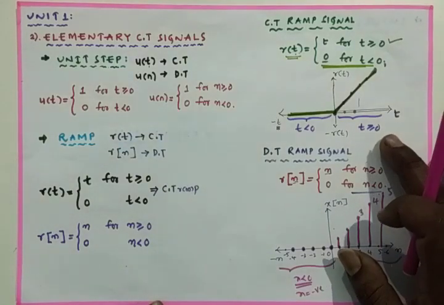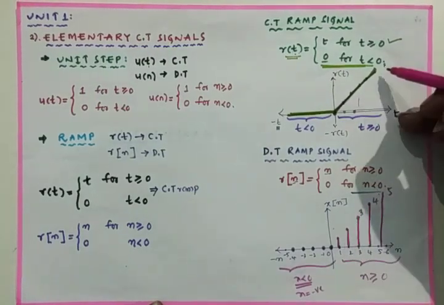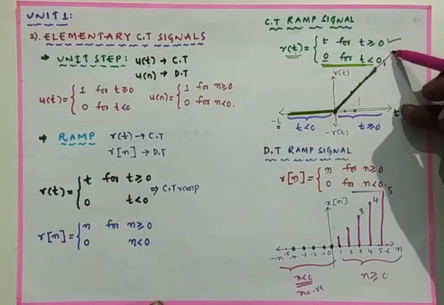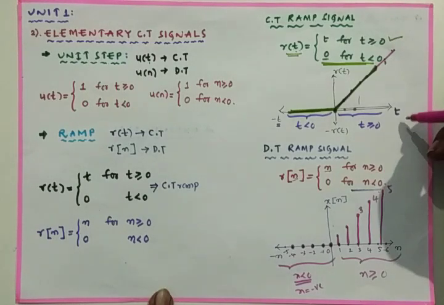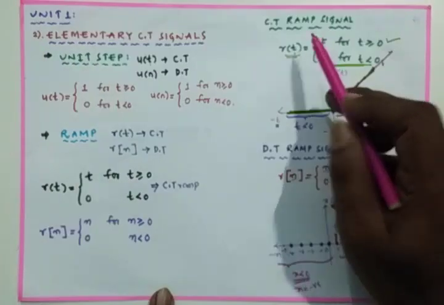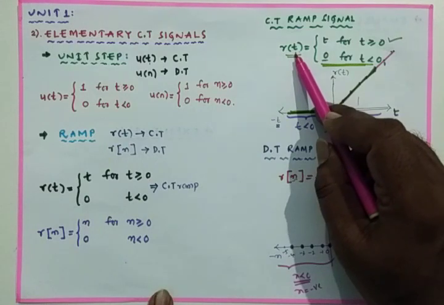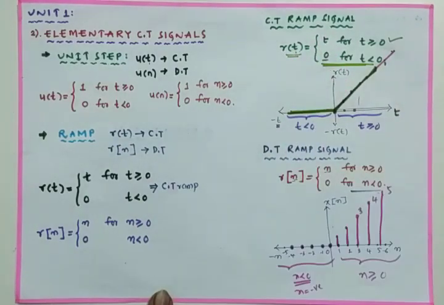And this is the continuous time ramp signal. If the t value is 10, then the amplitude of the signal is also 10 and it is continuous. If the t value is infinity, the amplitude is also infinity. If the t value is n, the amplitude is also n, because r of t is equal to t only. r of 0 will be 0, r of 1 will be 1, r of 2 will be 2, like that.